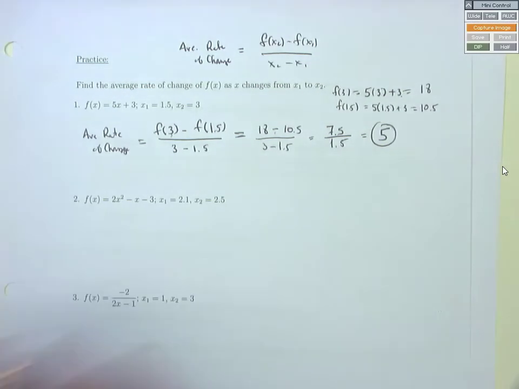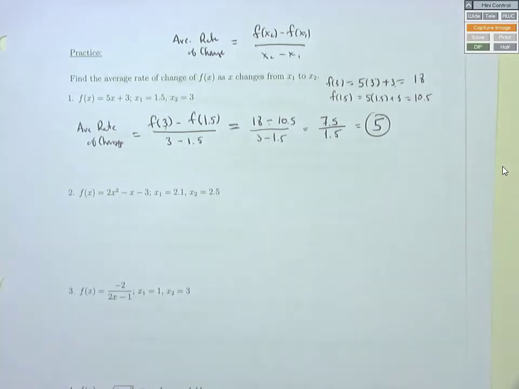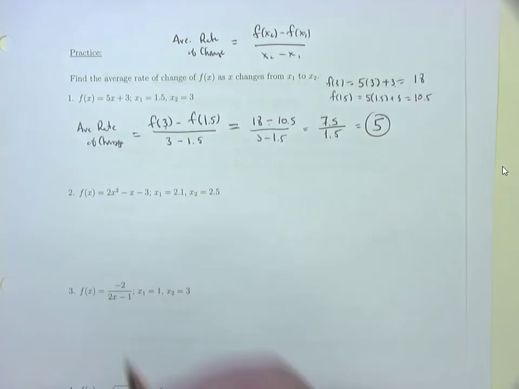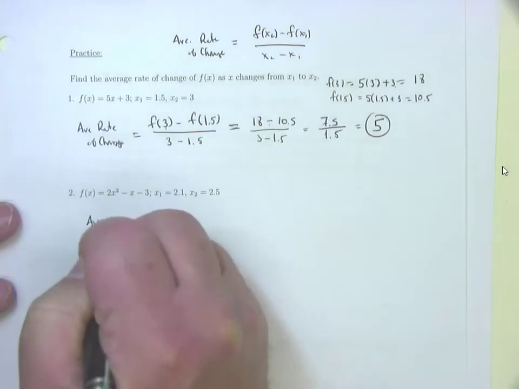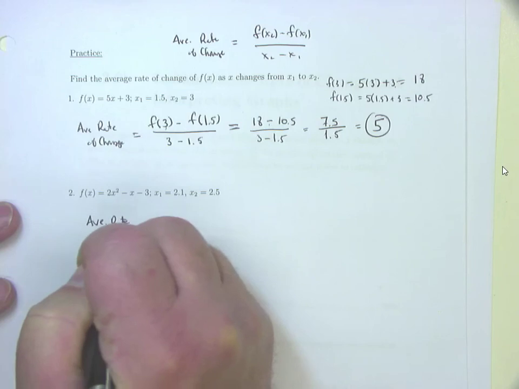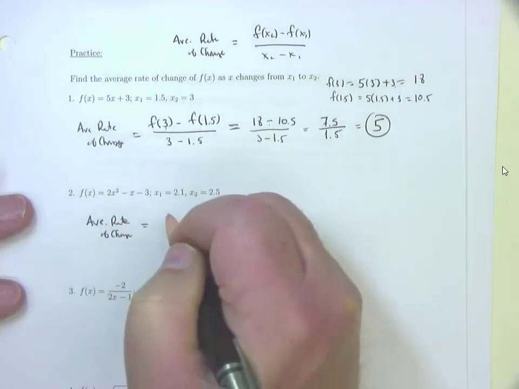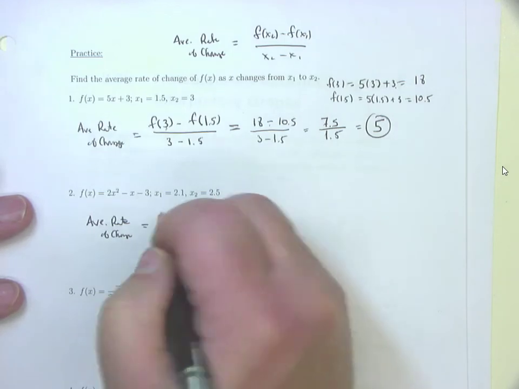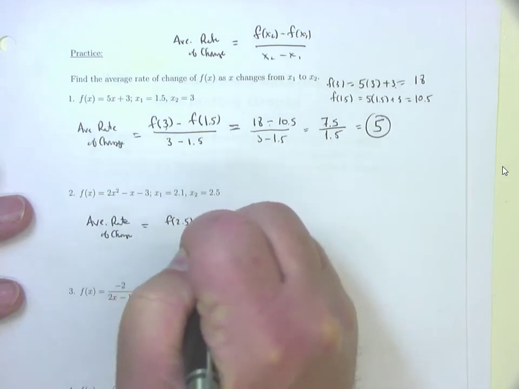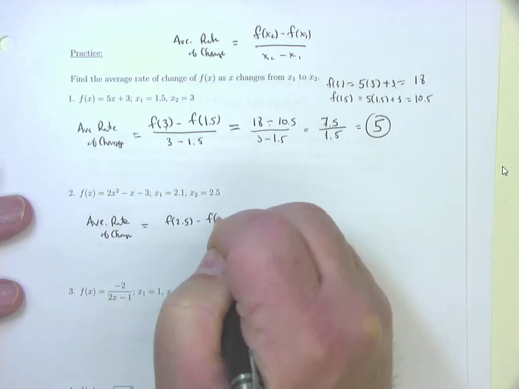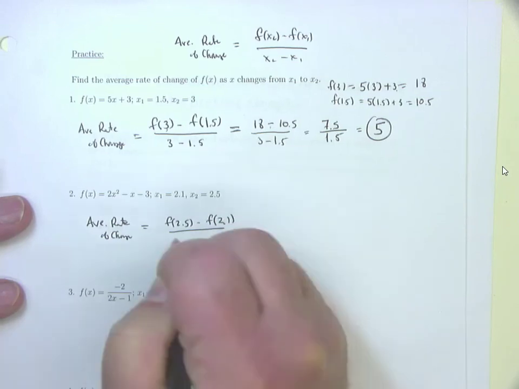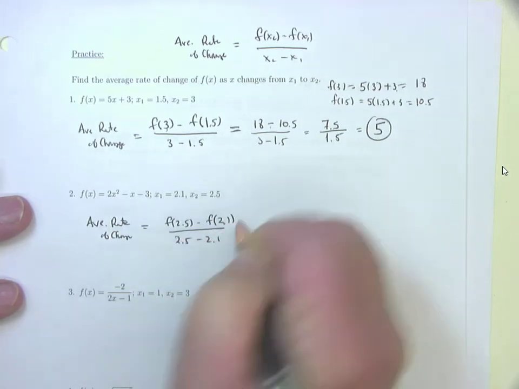Okay? Number 2, find the average rate of change of f of x equals 2x squared minus x minus 3. x1 equals 2.1 and x2 equals 2.5. So again, using my formula, average rate of change would be equal to f of 2.5 minus f of 2.1 over 2.5 minus 2.1.